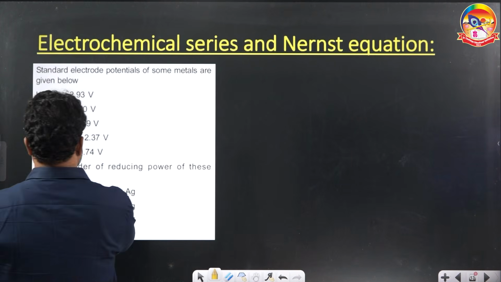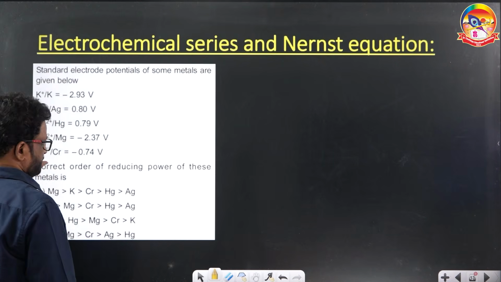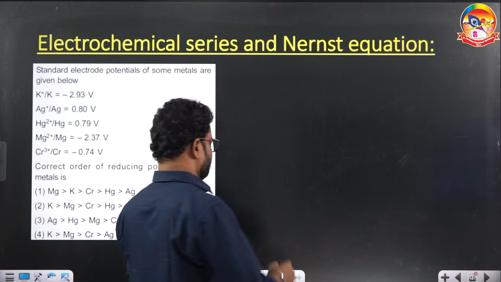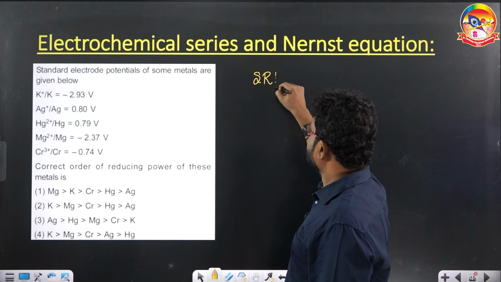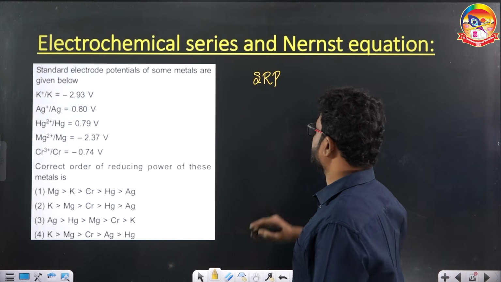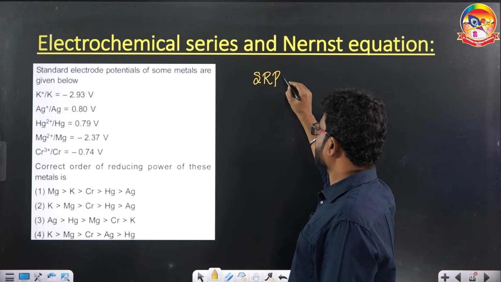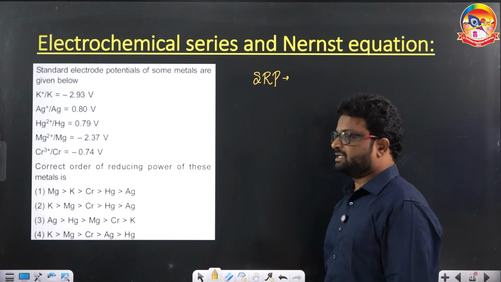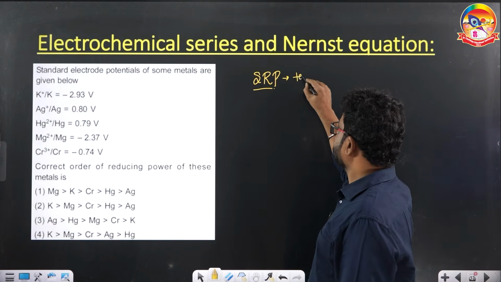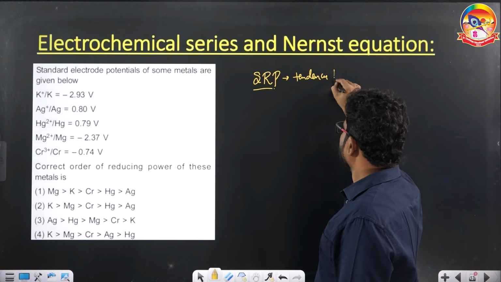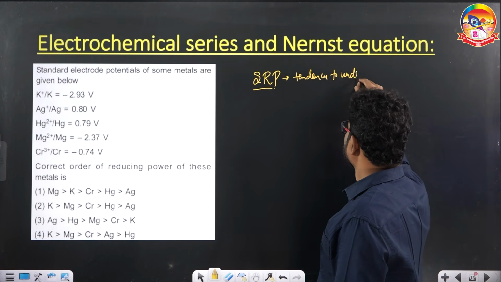Okay, so now look at this question that is framed, on reducing power. Based on the same concept, SRP is the tendency to undergo reduction. It is the measurement for the tendency to undergo reduction.